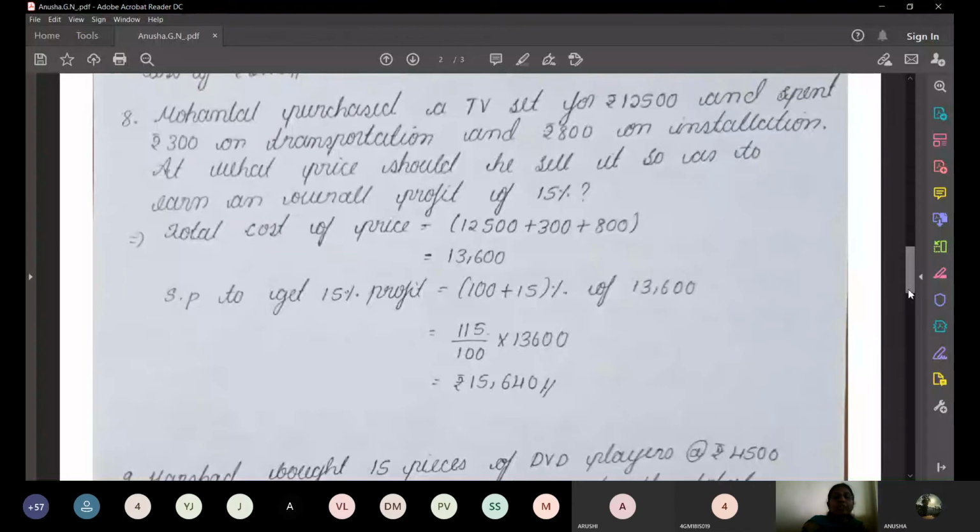In order to get the 15% profit, she has taken 100 plus 15 of this 13,600. If he sells at 15,640, he will get a 15% profit, right? Yes, ma'am. Okay, I hope all of you understood, this is simple. Okay, next problem.